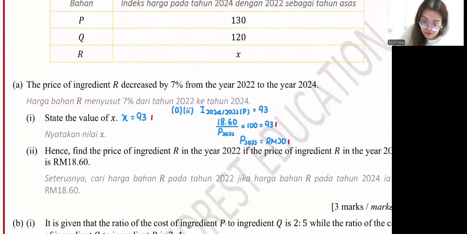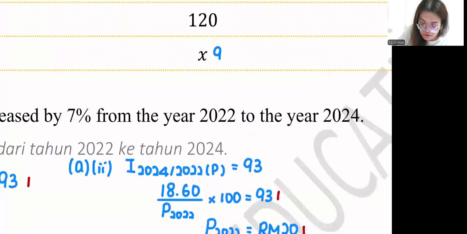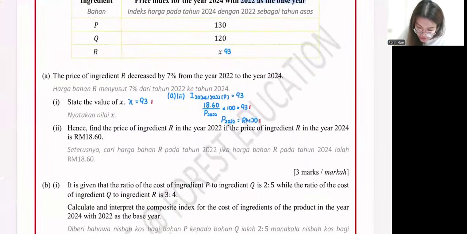B part 1. Now let me write this because later I forget. It is given that the ratio of the ingredient P to Q is 2 to 5, while the ratio of ingredient Q to R is 3 to 4. This part goes back to your Form 1. Okay, it will go back to your Form 1. So, can you have 3 colors highlighter?